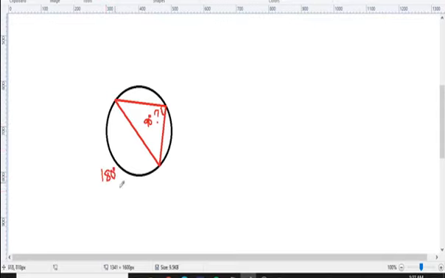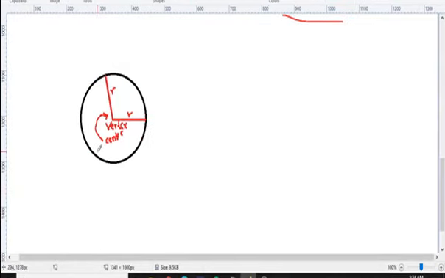A semicircle is half a circle, so 180, and therefore the degree measure of an inscribed angle whose intercepted arc is a semicircle is half of 180, which is 90 degrees, which is a right angle. So that's one of the results about inscribed angles.